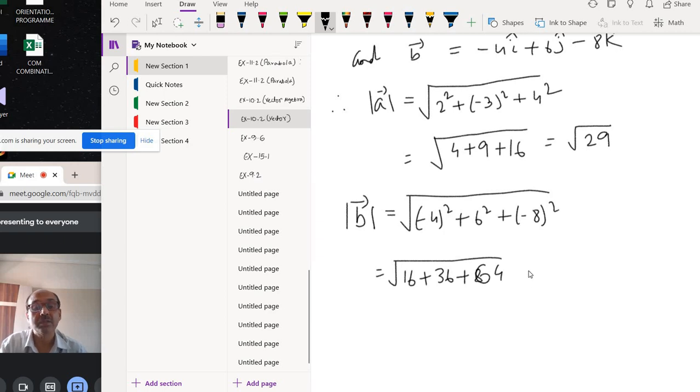Okay, so this equal to under root 116, equal to 4 into 29, that is 2 root 29.